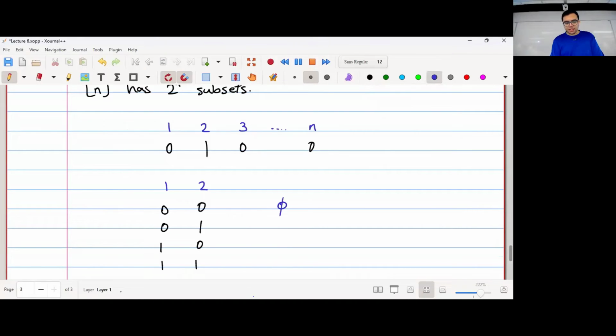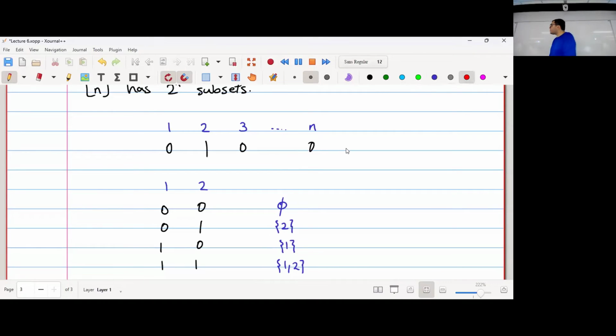So this is the empty set. 0, 1 corresponds to the case where I'm only taking 2. This one corresponds to the case where I'm only taking 1. And this corresponds to the case where I'm taking both. And you can see that here I have all the subsets of the set 1, 2, and here I have all the sequences of zeros and ones of length 2. Okay. And this holds, of course, for every n.